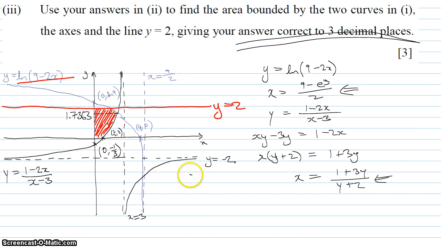So now I need to do the integral from 0 to 1.74. I won't use a rounded number in my calculations; I'll save this on my GC.